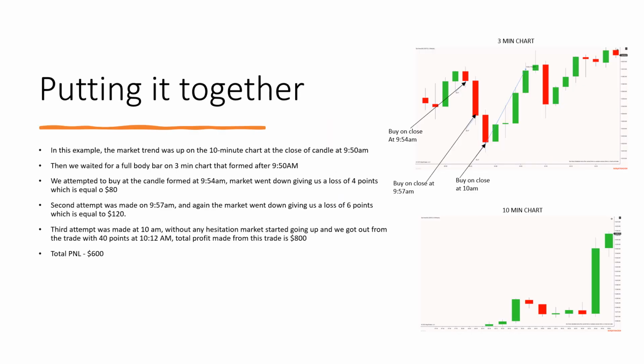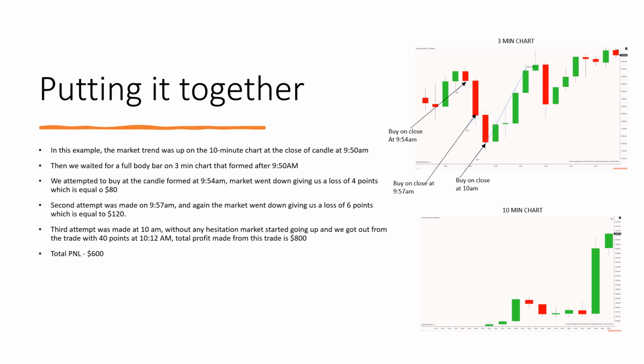So I'll give you guys an example. Looking at the 10-minute chart, the trend was up, right? Then we waited for a pullback, for a full body bar on a 3-minute chart. Look, the market gave us a full body bar at 9:54. We bought it on the close, but the market stopped us out, went down.